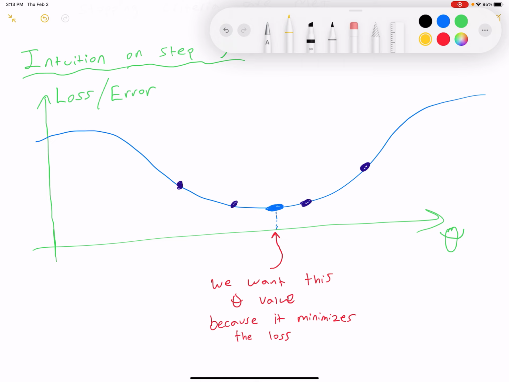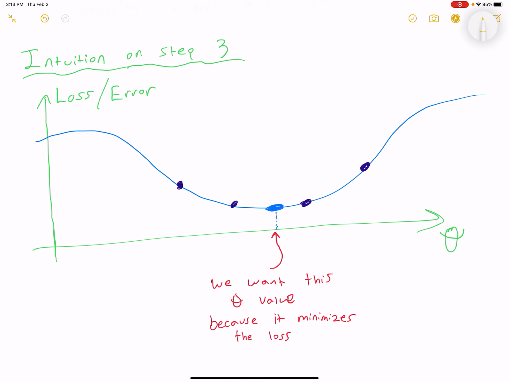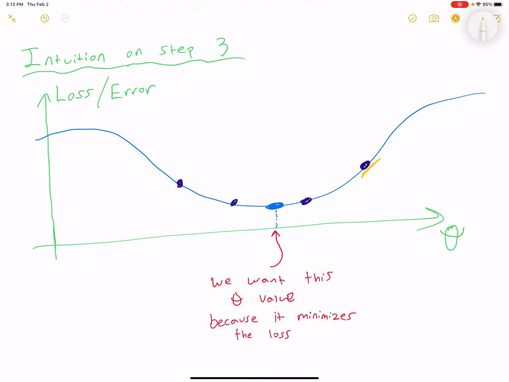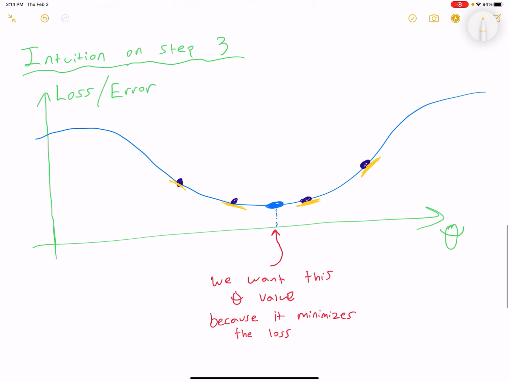Fortunately, calculus gives us a beautiful tool in our toolkit such that even if we don't know exactly where the minimum is, and we don't even know this landscape, if we take the derivative or the slope of the tangent line at whatever parameter value we happen to have chosen, then we know which direction we would need to go in order to get closer to the minimum value.